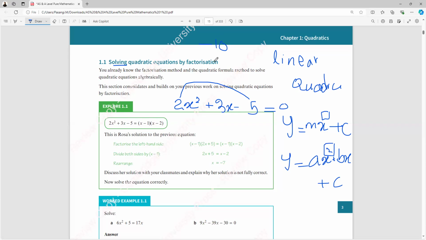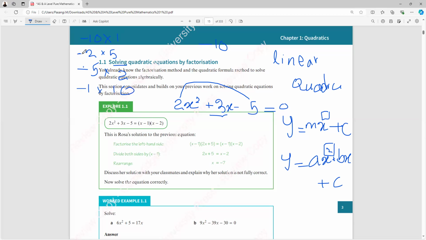We can take minus 10 as multiples, and also if we add those we should get this plus 3 as well. For example, minus 10 times plus 1, or else minus 2 times 5, or else minus 5 times plus 2, and also minus 1 times plus 10. These are the only 4 combinations we have now.